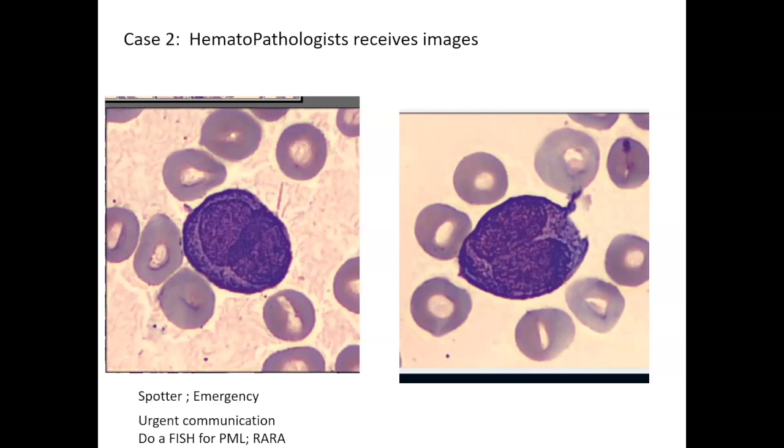But if the morphology analyzer gives me this with its artificial intelligence, places into blast or promyelocyte, the postgraduate student or the fresh pass out would immediately send this across for my opinion, and I can give my opinion from anywhere, wherever I am sitting. So it becomes very easy. And definitely these analyzers give you a better picture than what we are clicking using mobile phones and sending across on WhatsApp, because the image quality deteriorates a lot and it is tough to look into the nuclear details.